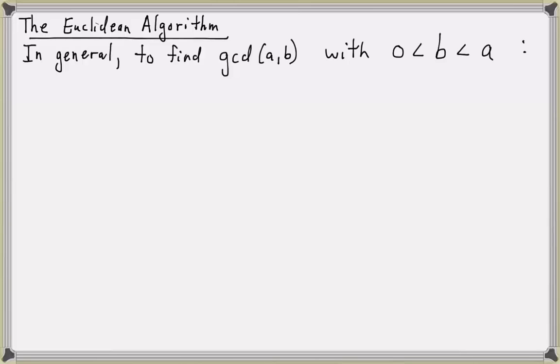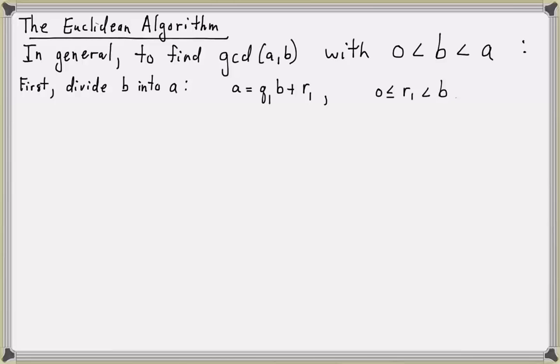So I'm going to start by dividing B into A. By the division algorithm, I can write A as a quotient, we'll call it Q1, times B plus R1, where 0 is less than or equal to R1, which is strictly less than B.